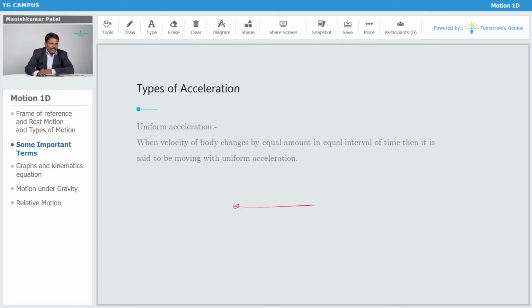Let us prove the same thing here. Initially at point A its speed was 5 meter per second, then at B it was 10, and at C it was 15, and the time interval is the same, 5 second, 5 second. From A to B, the change in velocity is 10 minus 5, and the time interval is 5, so the acceleration is 1 meter per second square.